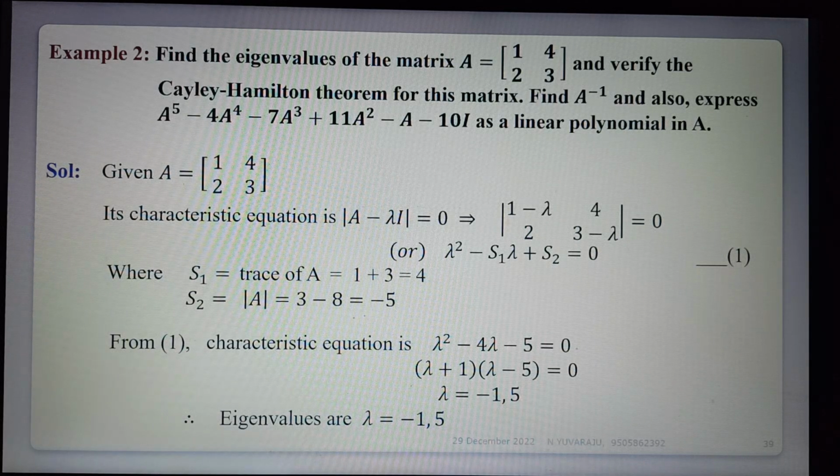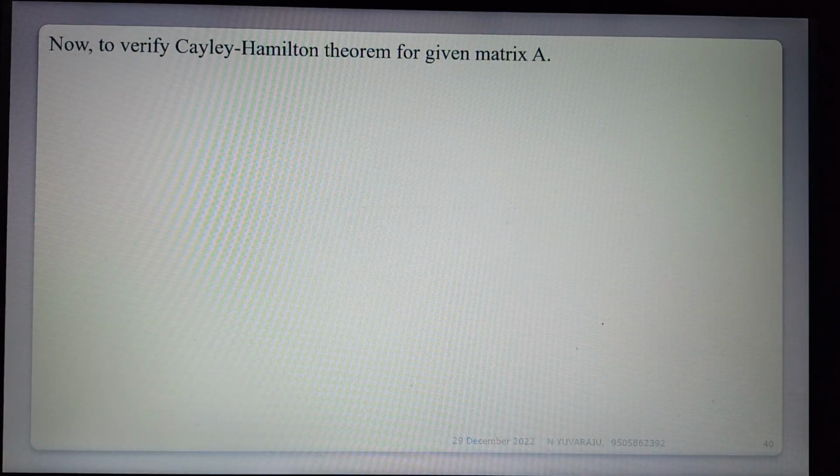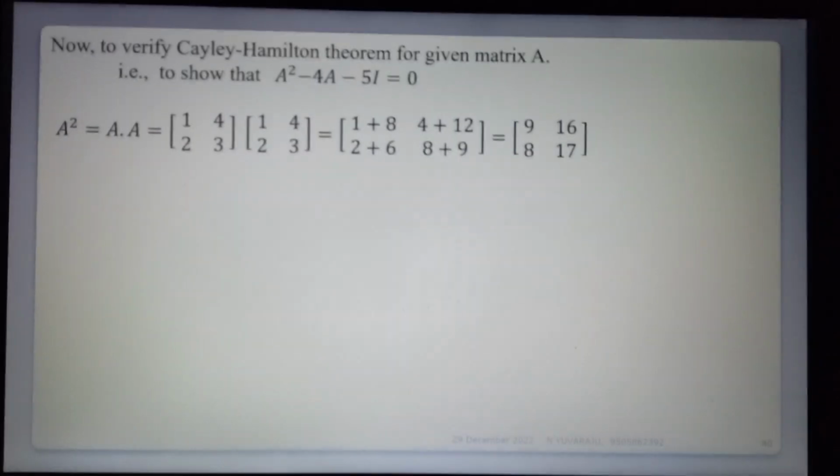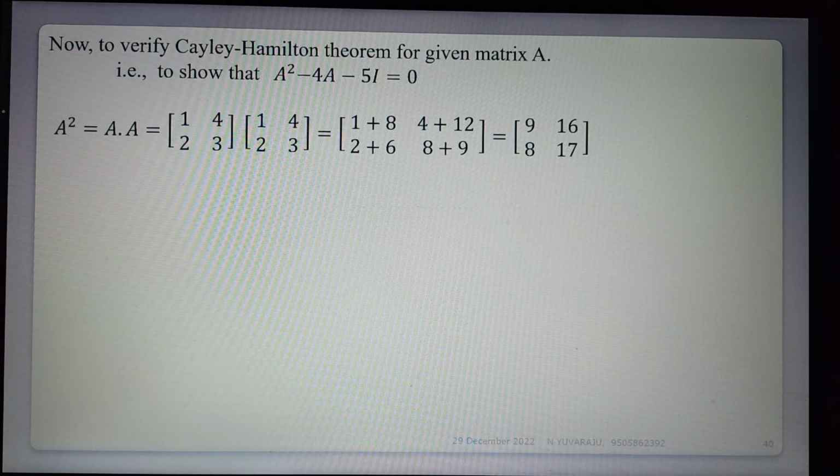Okay, satisfy this equation. So now to verify Cayley-Hamilton theorem for given matrix A, that is to show that a square minus 4a minus 5i is equal to 0. So a square finding first. A square is equal to a into a. This is a matrix, this is a matrix.